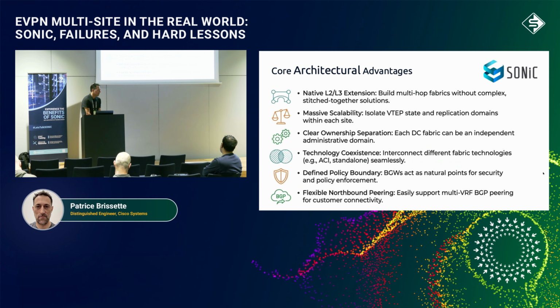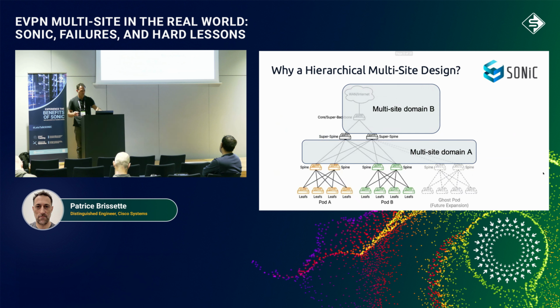So yeah, why do you do that? Well, I just mentioned this, right? I think what is really important is all about the separation. So when you look back at this type of topology, it means that I can easily run an IPv6 data center or pod A. I can have a pod B with IPv4.